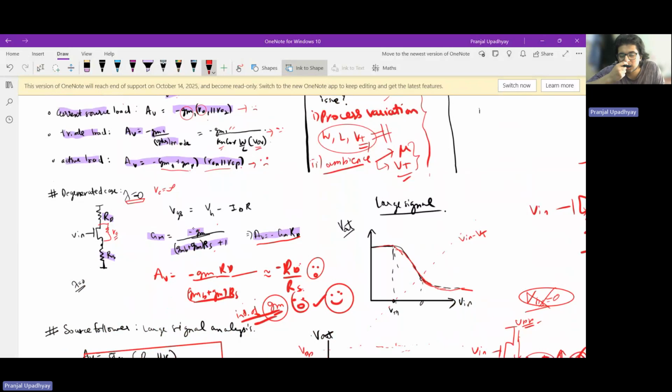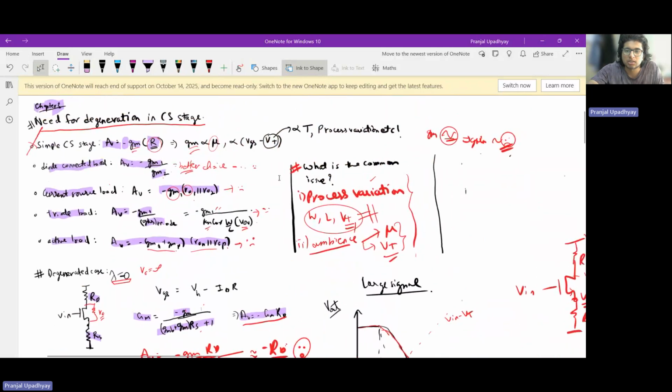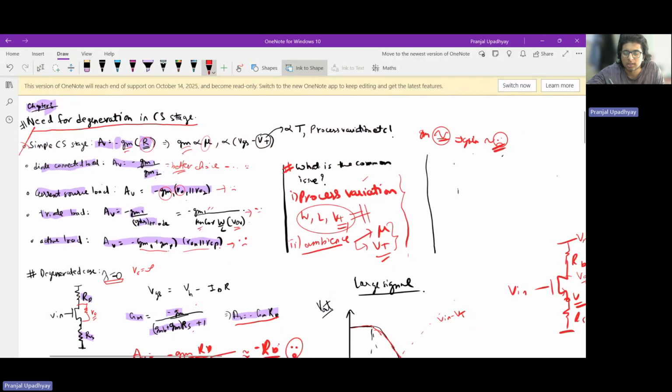So why are we using degeneration to begin with? What we must appreciate is that a common problem in analog circuits is process variation. While fabricating the device, we can't ensure that all devices have the same W, L or threshold voltage.